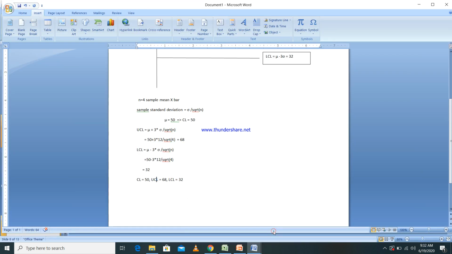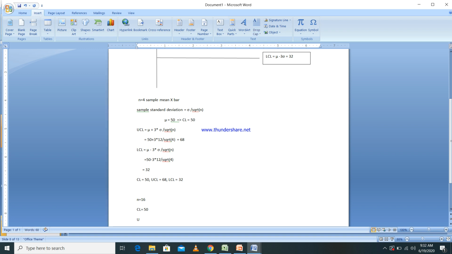In that case, now we have to consider the case where the sample size is equal to 16. But since the mean value remains the same, the center line would be the same value, that is equal to 50.